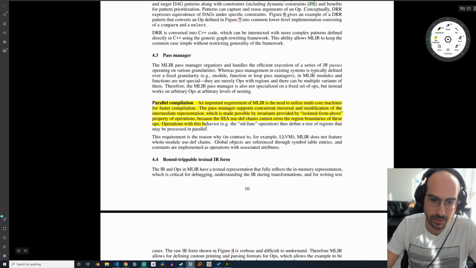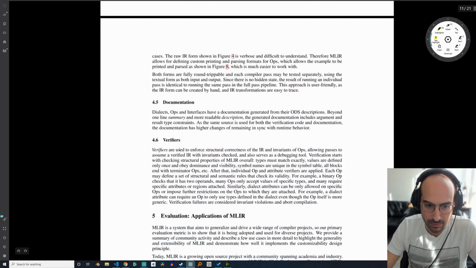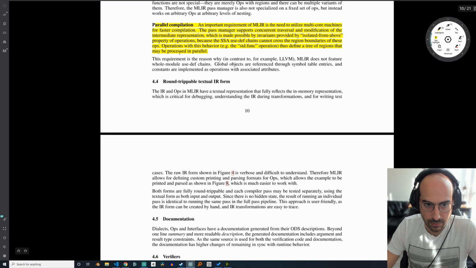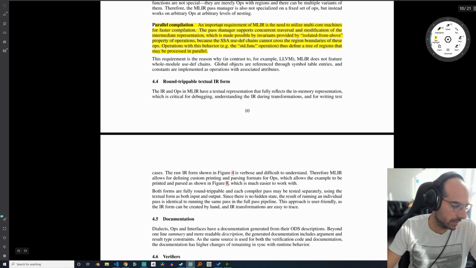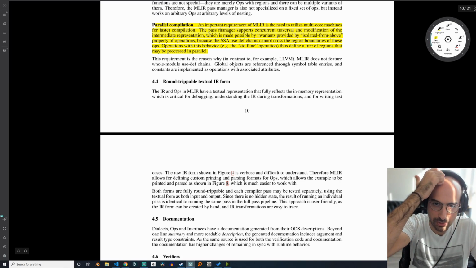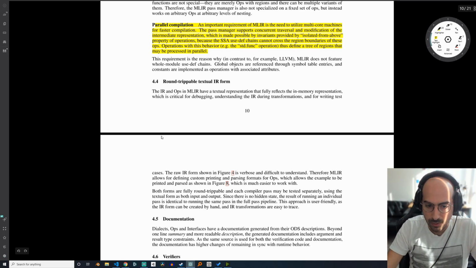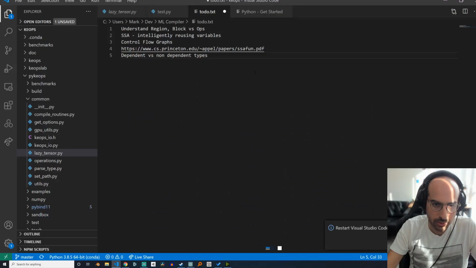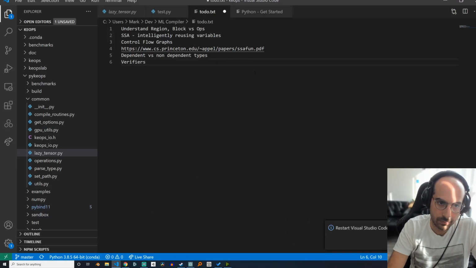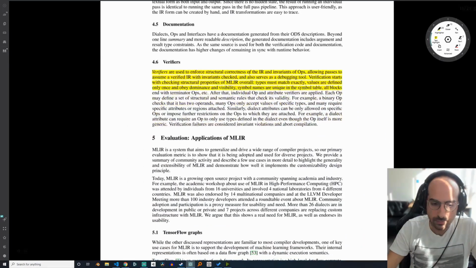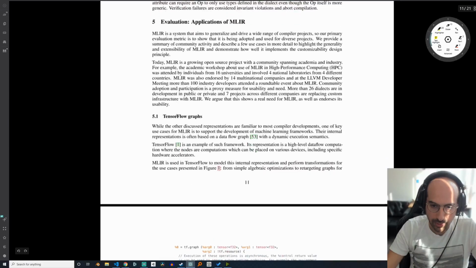The pass manager, okay. So this is back again, this idea of figuring out how to compute stuff, like how to compile stuff on multiple machines. We sort of touched on that initially, so verifiers. Oh yeah, great, applications, right?